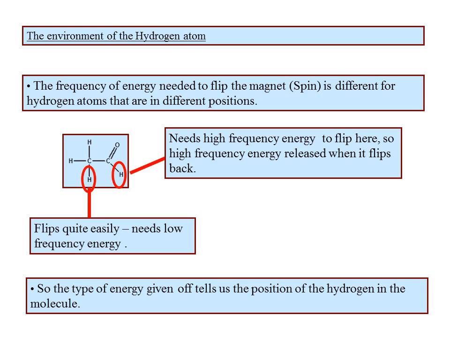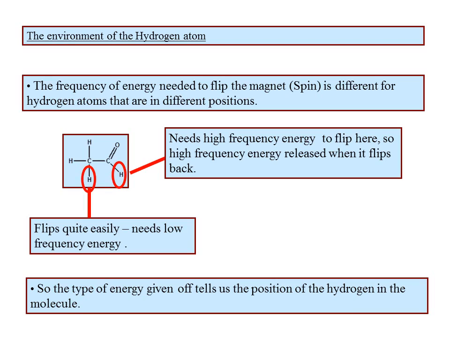Now, when will hydrogens be non-equivalent? Take the following example: the environment of the hydrogen atoms in acetaldehyde. The frequency of energy needed to flip the magnetic spin differs for hydrogen atoms in different positions.